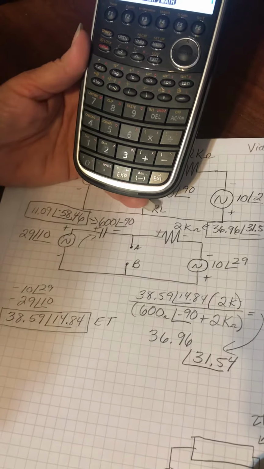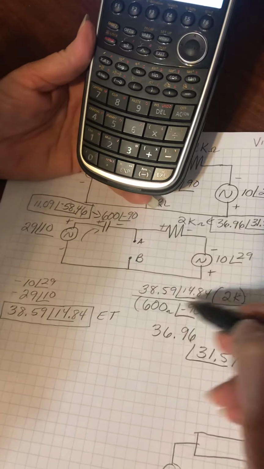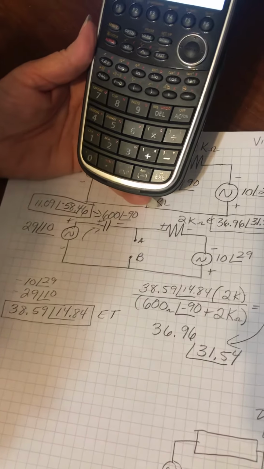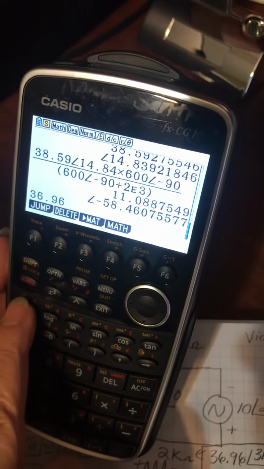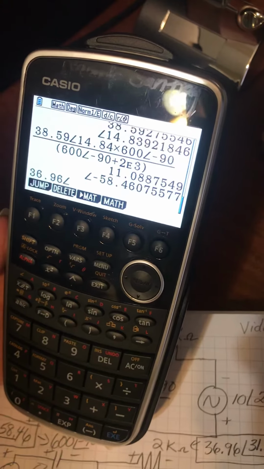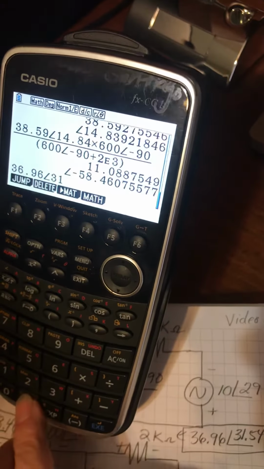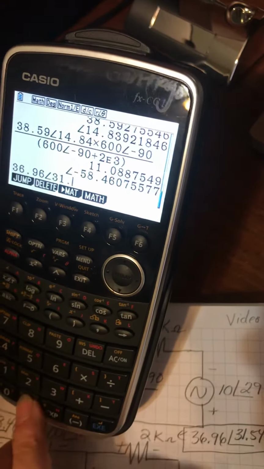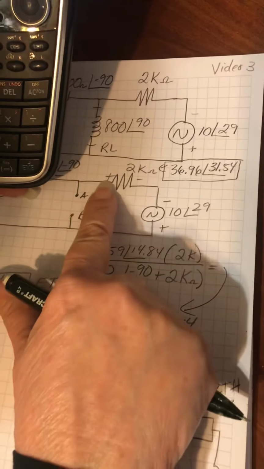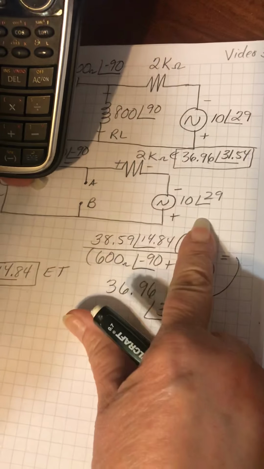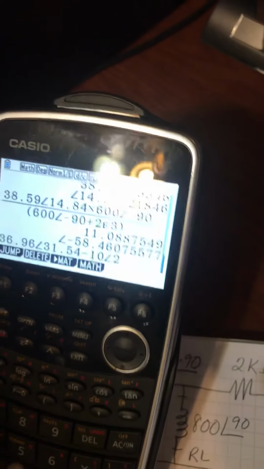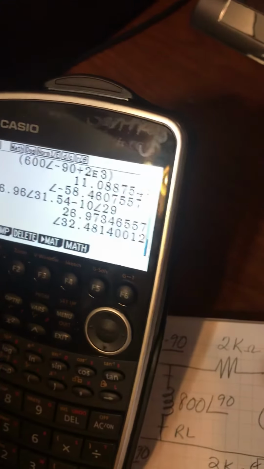So now we can start at A, and we can go around this way. So we have 36.96 at an angle of 31.54 minus, because we're going, you know, we have starting A, plus this minus this, 10 at an angle of 29 equals.